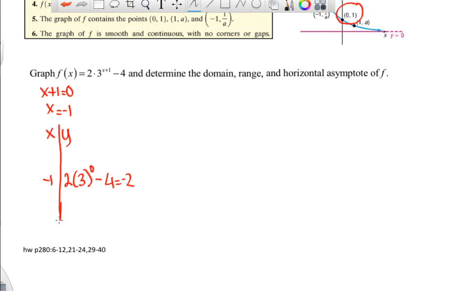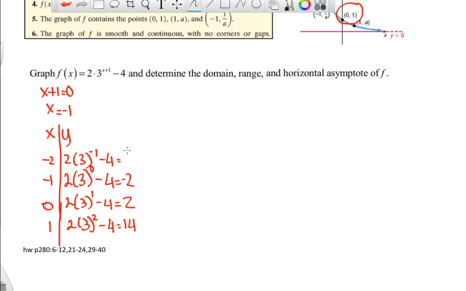And then I should pick some values that are larger than that. So 0. At 0 you would have 1. 0 plus 1 is 1, right? So 3 times 2 is 6, minus 4 is 2. And then at 1 you would get a 3 squared, which is 9 times 2 is 18, minus 4 is 14. And then here we should be getting smaller numbers. So we get a negative 1 there, minus 4.